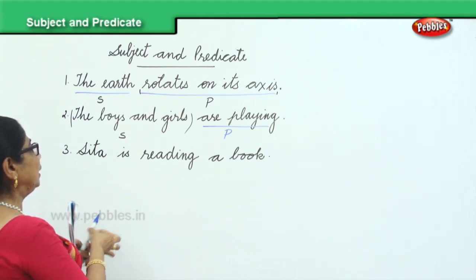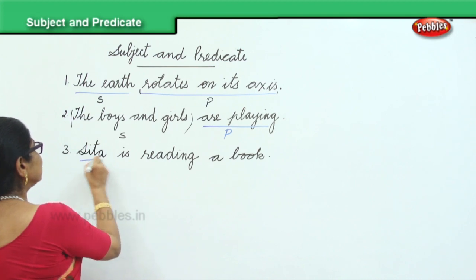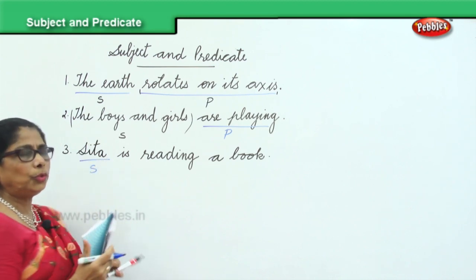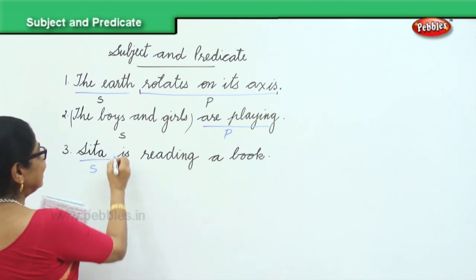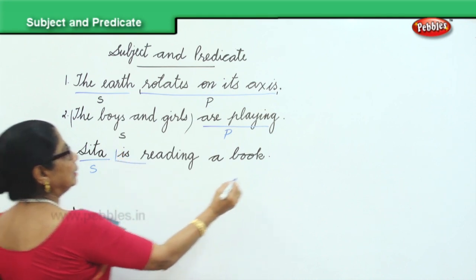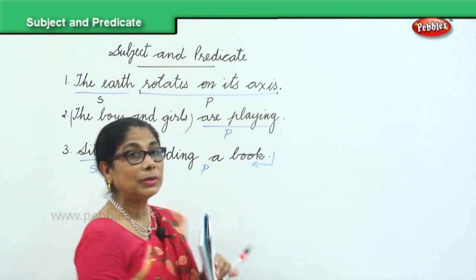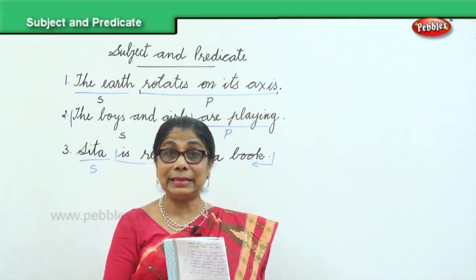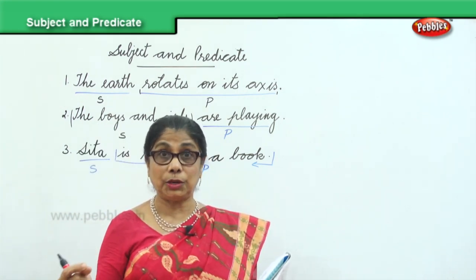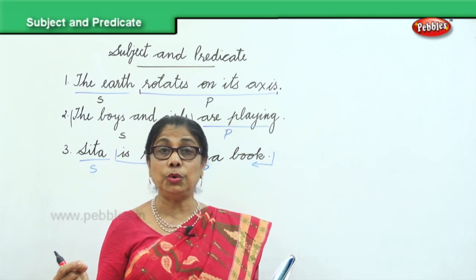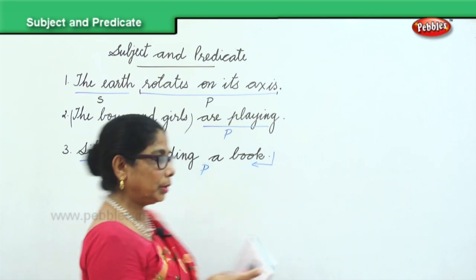Sita. What is Sita doing? Is reading a book. So Sita is the subject we are talking about, and is reading a book is the predicate, the second part. What she is doing is reading a book.